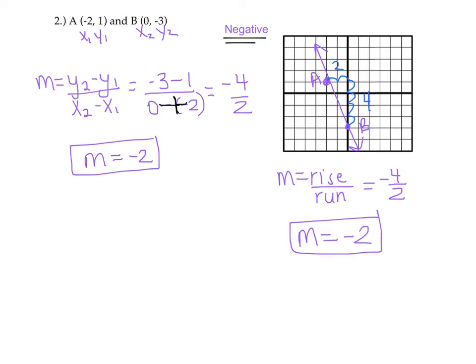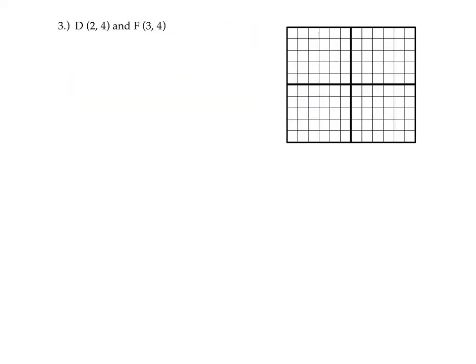Let's do another example together. So now we have the coordinates D is 2, 4, and F is 3, 4. So let's first label our coordinates. We're going to use our calculation first to find the slope. So it's always x1, y1 is your first coordinate, and then x2, y2 is your second. So M equals, your formula is y2 minus y1 over x2 minus x1.